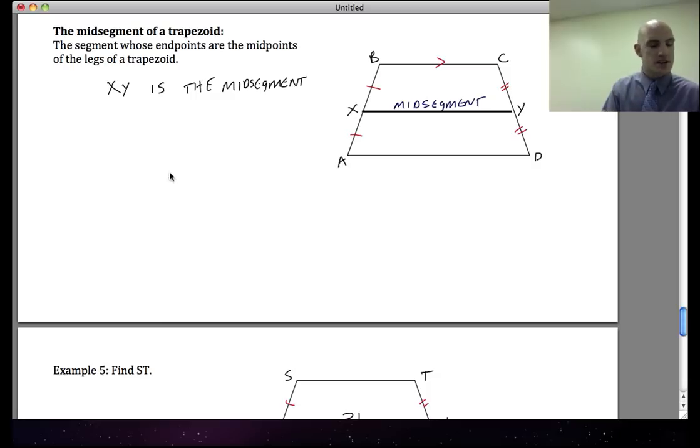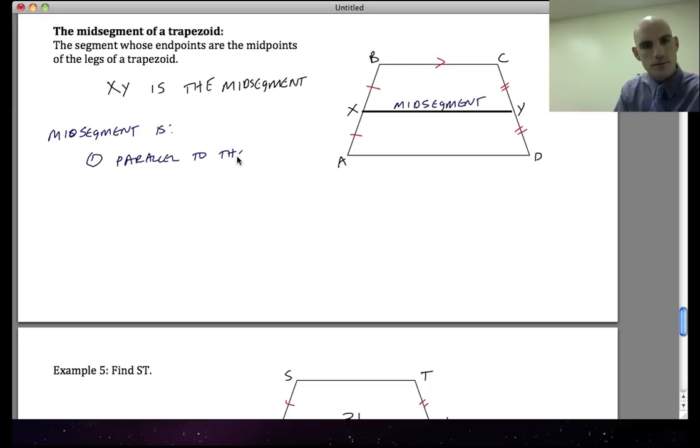And our theorem says this. Our theorem says the mid-segment is parallel to the two bases. So our mid-segment is parallel to the two bases.